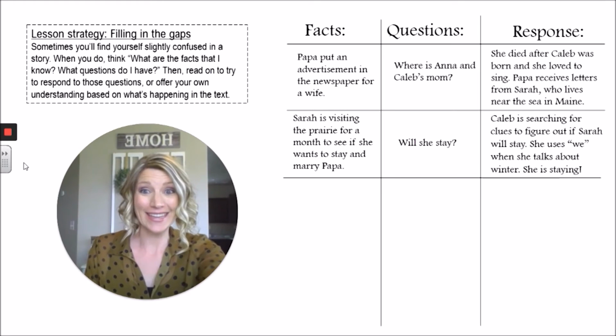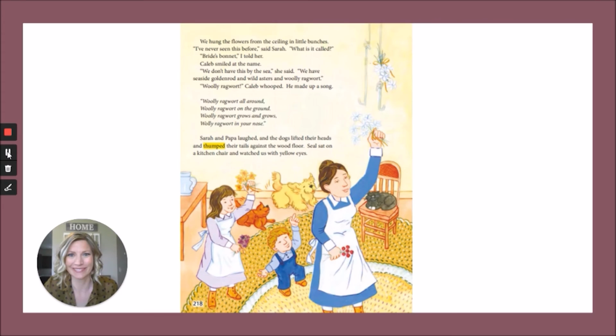She is staying. We hung the flowers from the ceiling in little bunches. "I've never seen this before," said Sarah. "What is it called?" "Bride's bonnet," I told her. Caleb smiled at the name. "We don't have this one by the sea," she said. "We have seaside goldenrod and wild asters and woolly ragwort."